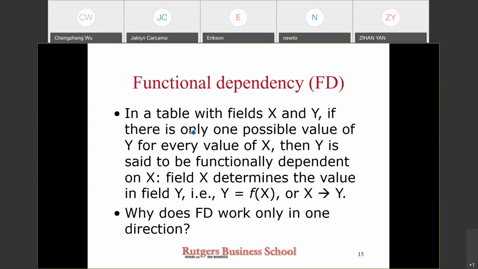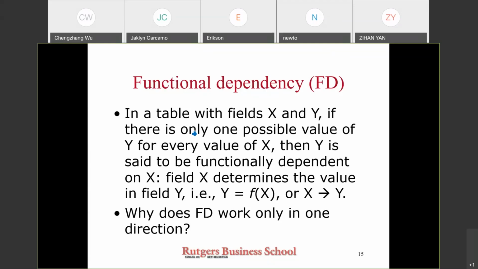So before we get to know three levels of normal forms, we need to know about functional dependency. So to describe the process of database normalization, we need to consider the concept of functional dependency.